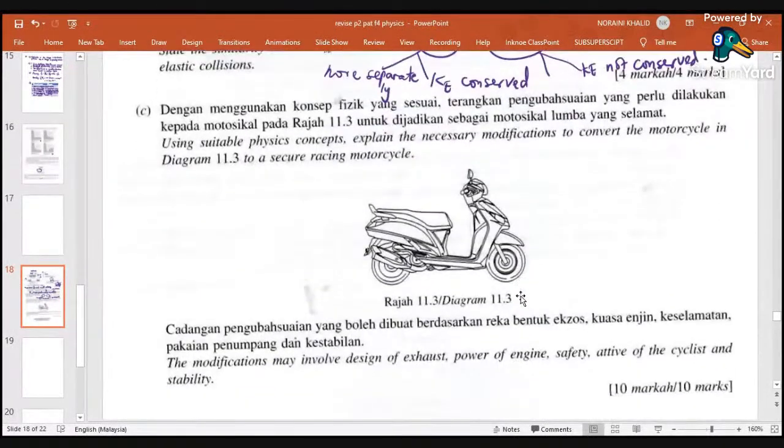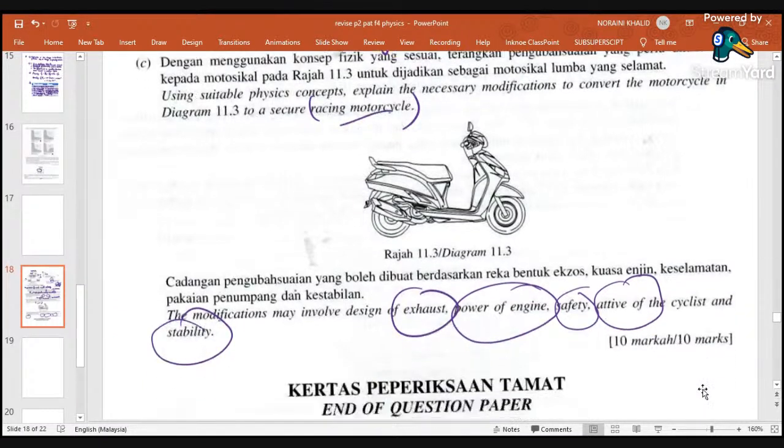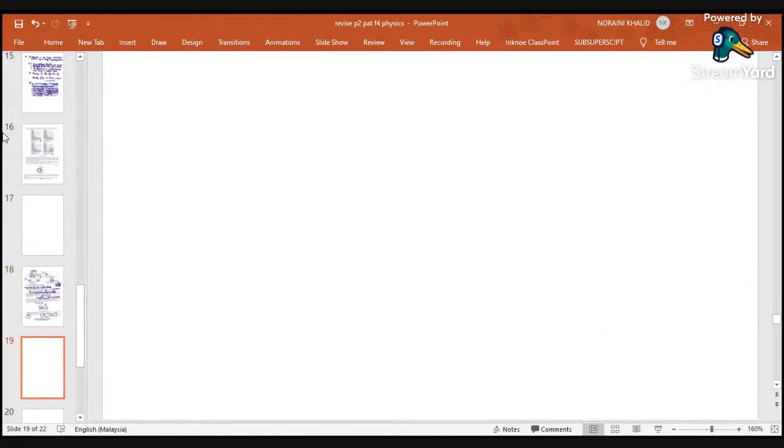For part C, using suitable physics concepts, explain the necessary modifications to convert a motorcycle to a safe racing motorcycle. An ordinary motorcycle is to be changed into a racing motorcycle. The modifications may involve the design of the exhaust, power of the engine, safety, attire of the cyclist, and stability. This one also we can write in table form.